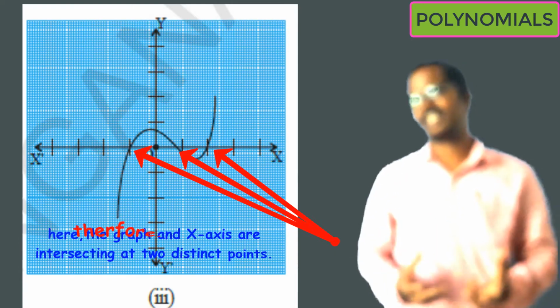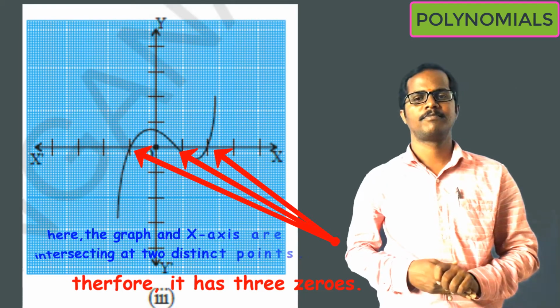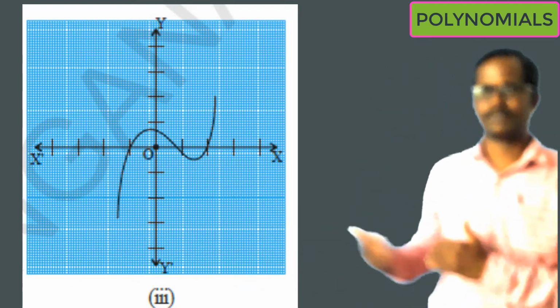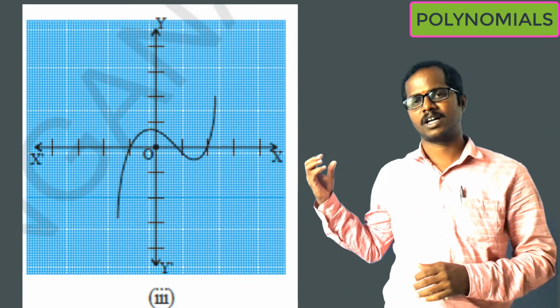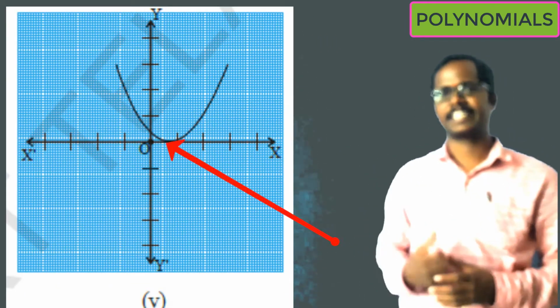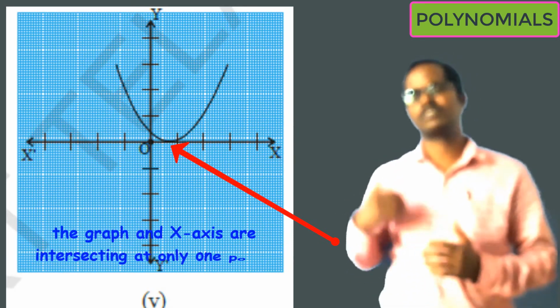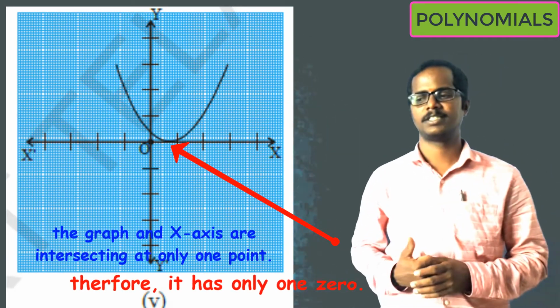So hence we can say the number of zeros of this graph is 3. And coming to the fifth one, if we observe the graph of the fifth problem, this graph is intersecting the x-axis at only one point. Hence the number of zeros of this graph is also 1.